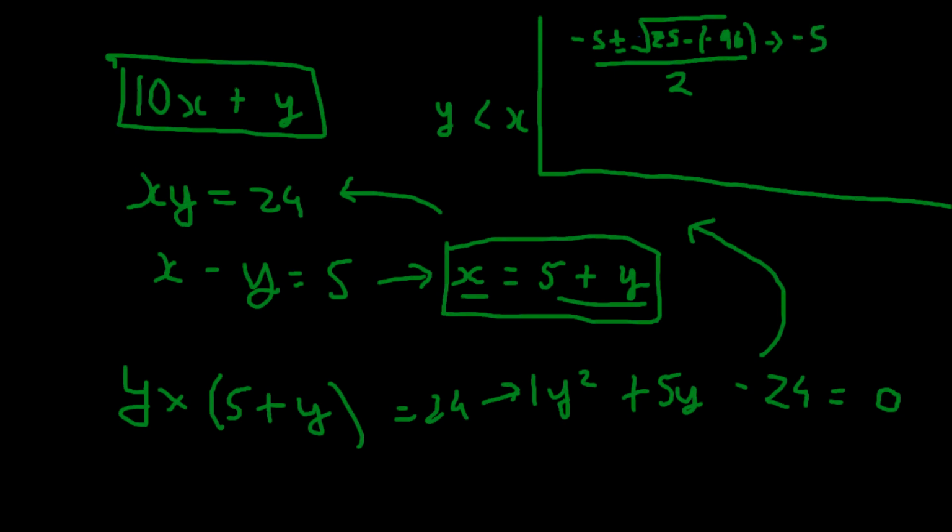One is minus 5 plus 11 upon 2, and one is minus 5 minus 11 by 2. Let's just solve. This one becomes 6 upon 2, and this one will become minus 16 by 2. So our two answers are 3 and minus 8.